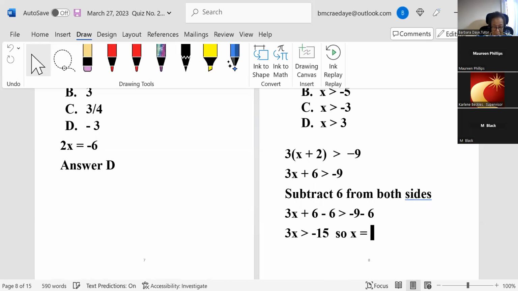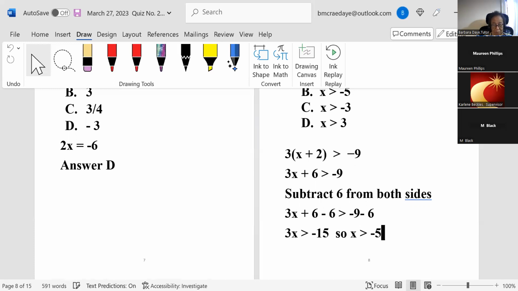So what is x equal to? So x is going to equal 5. Okay. So let's put in our inequality. So x is greater than what? -5.